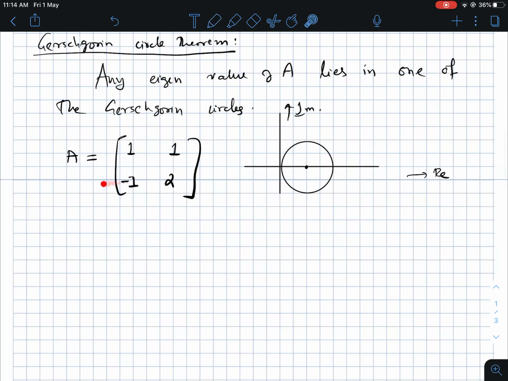The second Gershgorin circle, which corresponds to row 2, will have a center of 2, the diagonal entry, and the radius will again be the absolute value of minus 1, that is 1. So it will have a center of 2 and a radius of 1. Let's mark the points here: this is going to be 1, this is going to be 2. The second circle is going to be something like this.